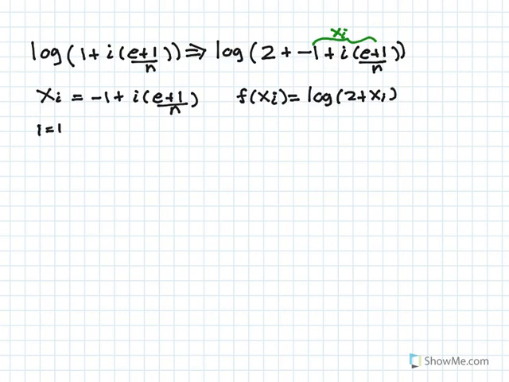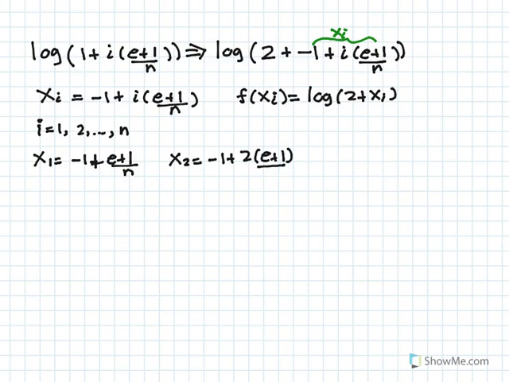So i ranges from 1 all the way to n. Plugging i equals 1, x1 is negative 1 plus (e plus 1)/n. x2 is negative 1 plus 2 times (e plus 1)/n. And xn, this is the last x value, xn is equal to negative 1 plus n times (e plus 1)/n.